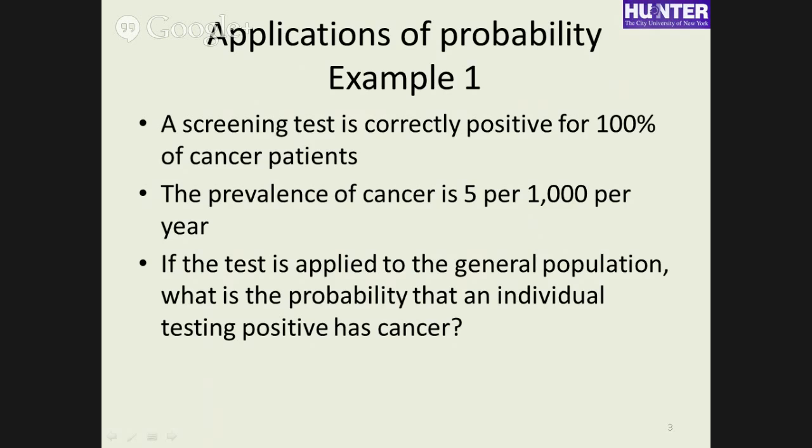And let's also suppose that the prevalence of this particular kind of cancer is 5 per 100,000 people per year. So if we take that test and apply it to this population where the prevalence is 5 per 1,000, what is going to be the probability of individuals in that population testing positive for cancer?